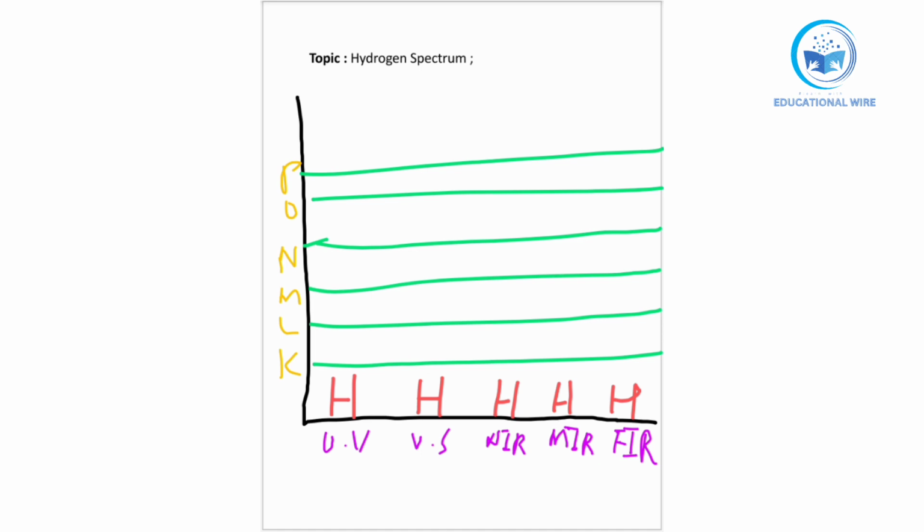Okay, so I have written the names: ultraviolet, visible, near infrared, mid infrared, and far infrared. Now what happens when an ultraviolet ray heats up the hydrogen molecules? What does this hydrogen molecule do?